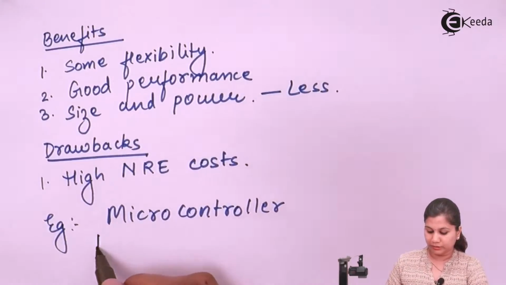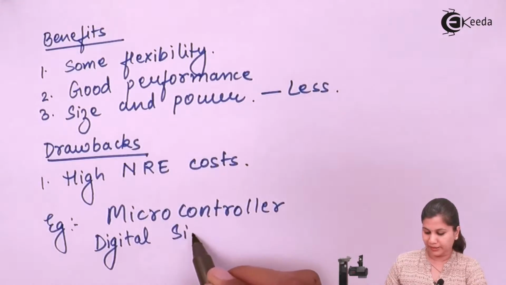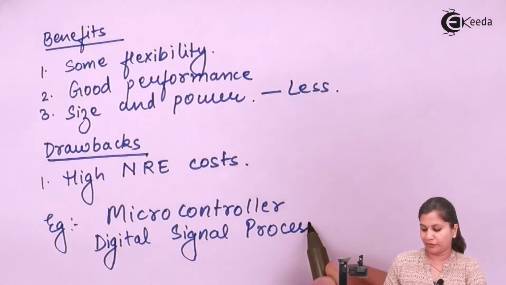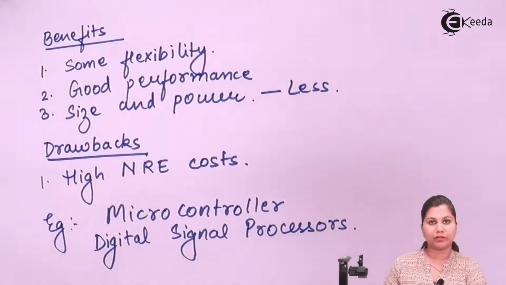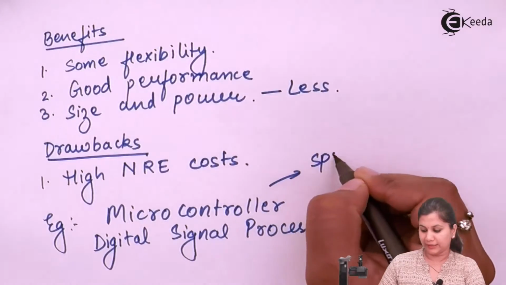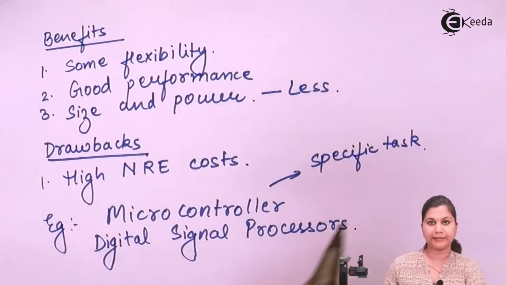Also, digital signal processors are a type of application specific processor. Microcontrollers perform only a specific task, that is why they come under this category.